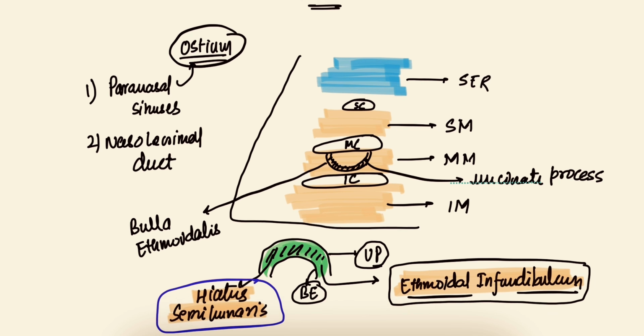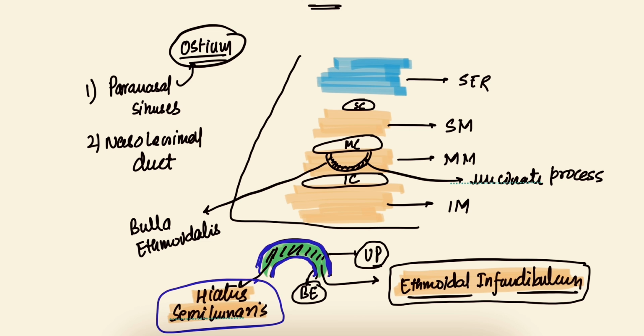Now, we'll see once again that there is a round elevation known as the bulla ethmoidalis. Above the bulla ethmoidalis, there is a bone known as the uncinate process. This is a sickle-shaped bone.